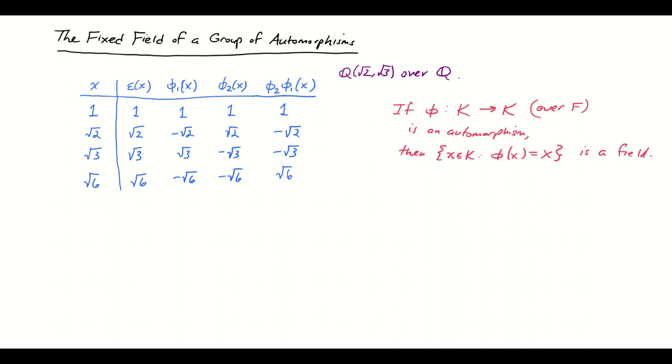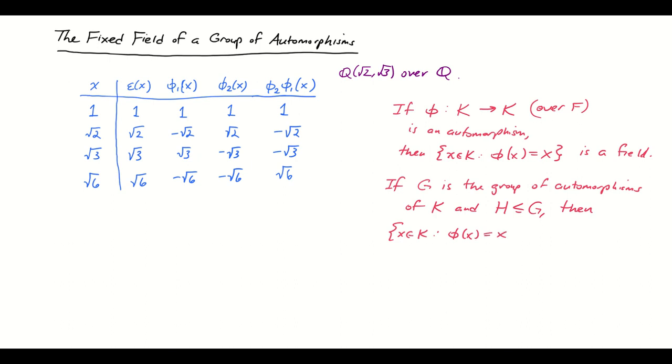A corollary of that is that if G is the group of automorphisms of K, and H is a subgroup of G, then the set of all elements x of K such that phi of x is equal to x for every phi in H, so for every phi in the subgroup, is also a field.